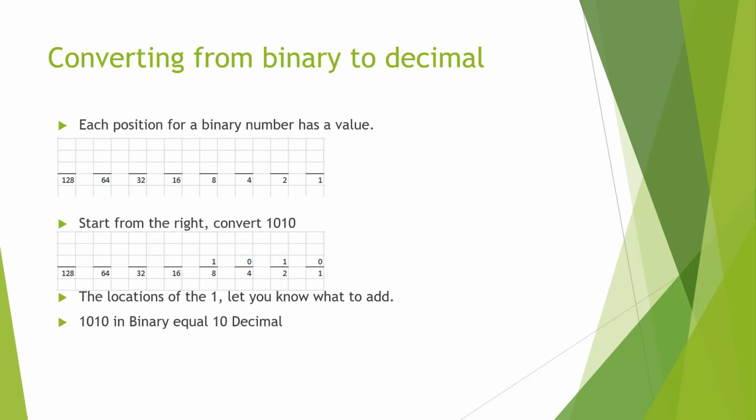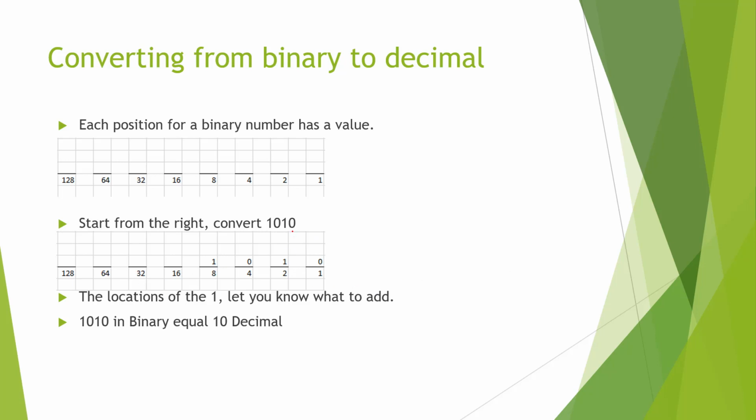So let's look at converting a binary number to a decimal number. Everything is being built off of a chart of 8 bits. So you'll notice the chart going 1, 2, 4, 8, 16, 32, 64, 128. That's a pretty common chart because we're dealing with groups of 8 bits because we're dealing with networking. So if we're converting the binary number 1010 and we want to convert that to decimal, what we do is we line up the numbers.